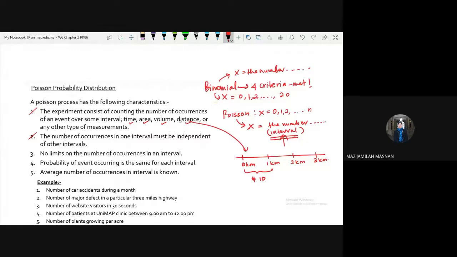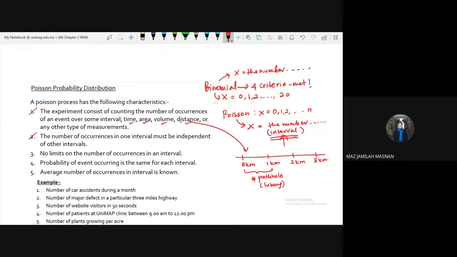The number of holes, what is the English for the hole on the road? Is it pothole or hole? Class, lubang. Is it pothole? I write here, lubang.